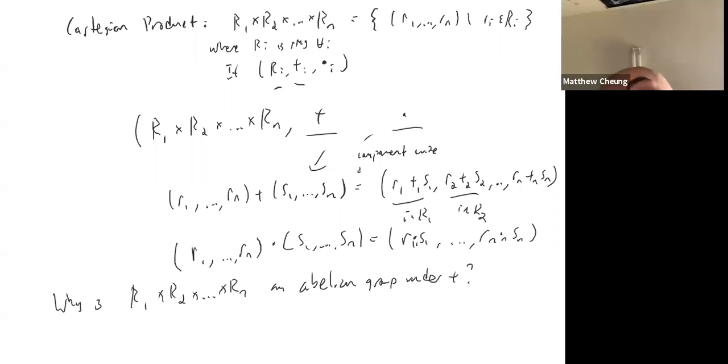To be a ring, it has to be an abelian group under plus, right? So the fact that it's a group is pretty clear, but why is it abelian?